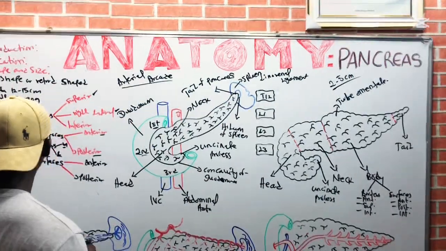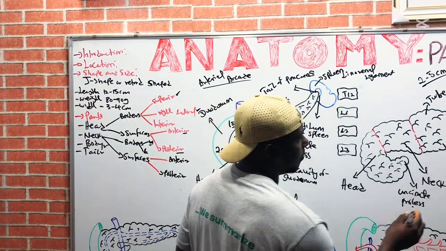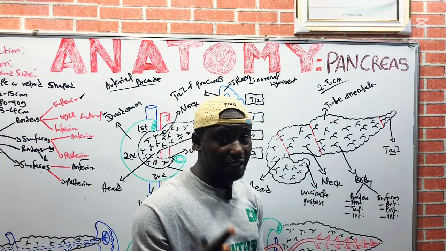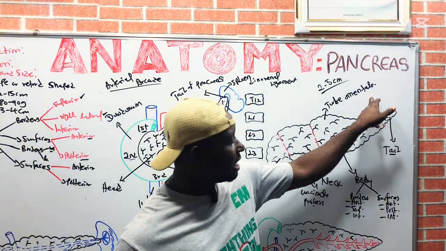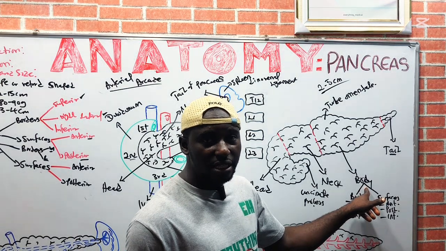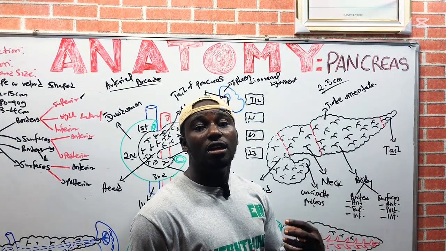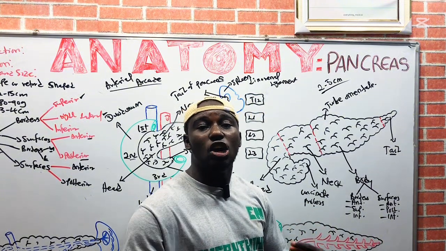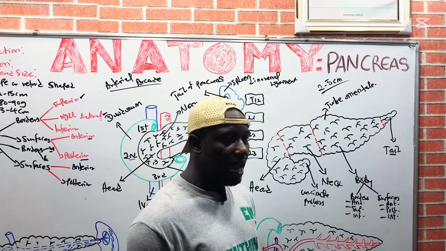Let's quickly look at the tail. Recall that I said previously, before I go to the tail, that the tuber omentale is the process of the body of the pancreas, which projects above the lesser curvature of the stomach, where it comes in contact with the lesser omentum across the lesser sac of the peritoneum, right?